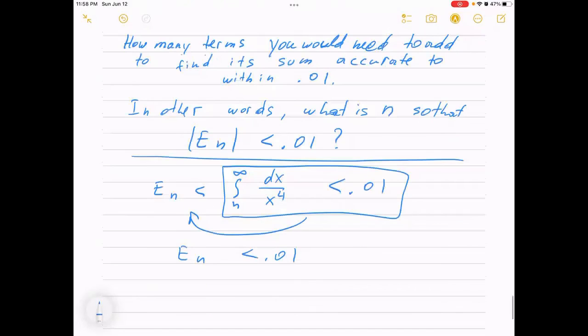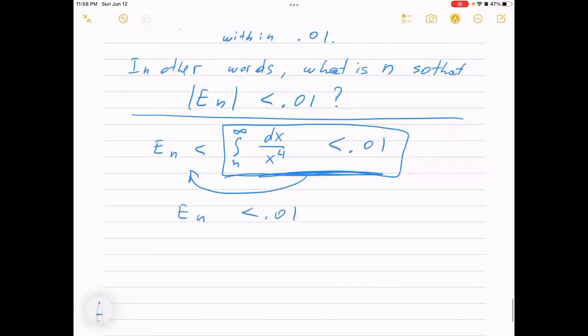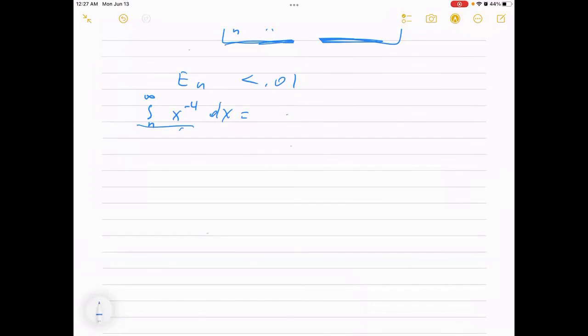So we're going to concentrate on our second inequality. So let's work on it. So we have the integral from n to infinity of x to the negative 4 dx. The antiderivative will be x to the negative 5 divided by negative 5 from n to infinity. So that is negative 1 over 5x to the 5 from n to infinity.